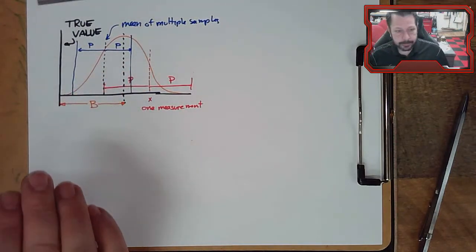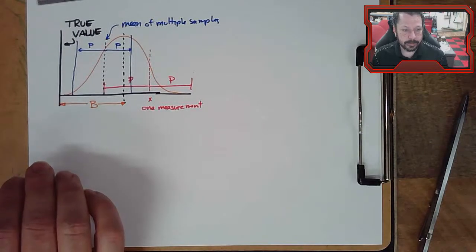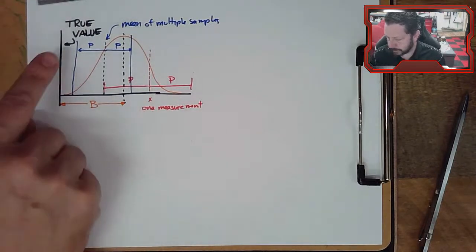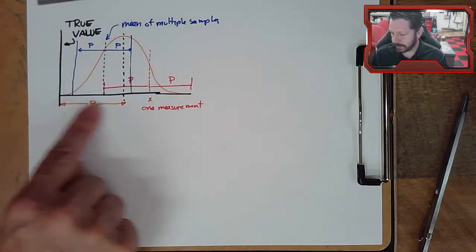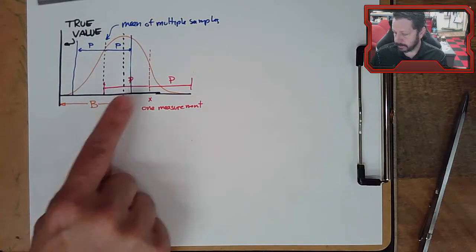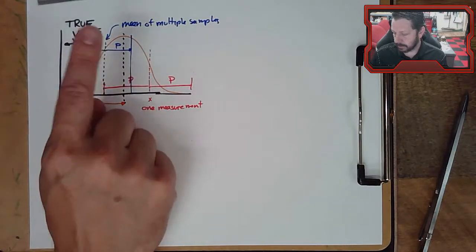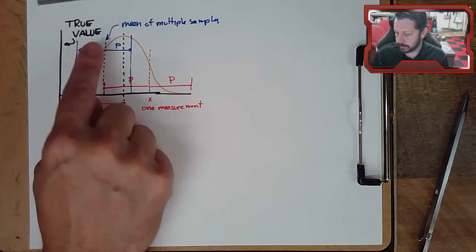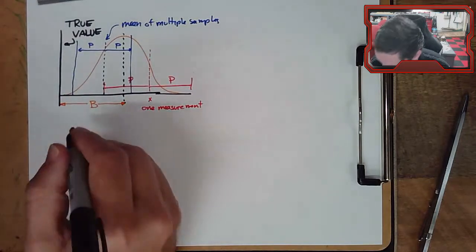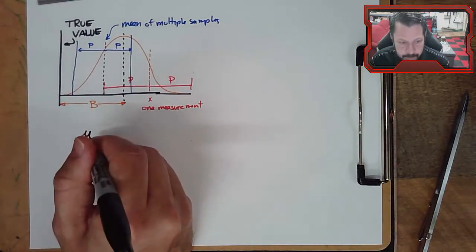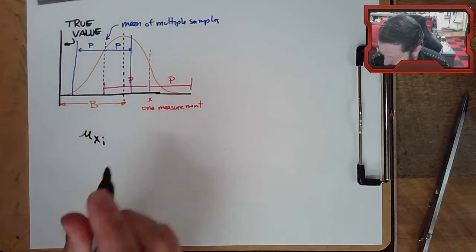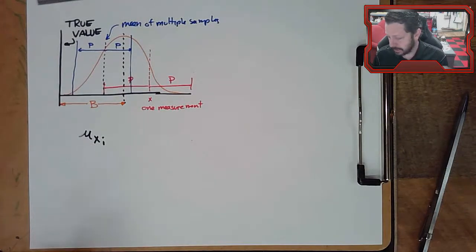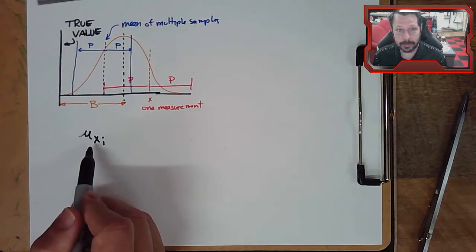So the total uncertainty would be the fact that there's some bias, some offset, and then the measurement, whether it's a single measurement or a group of measurements, has its uncertainty associated with it. Let's do it for x_i, a single measurement among a group of measurements.